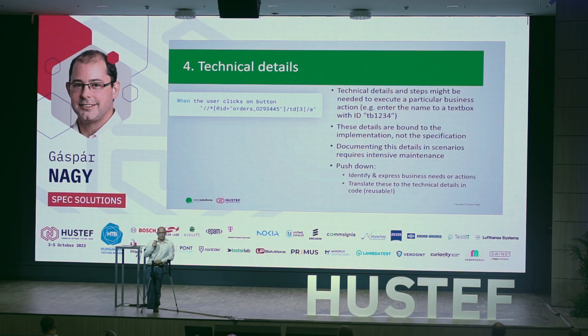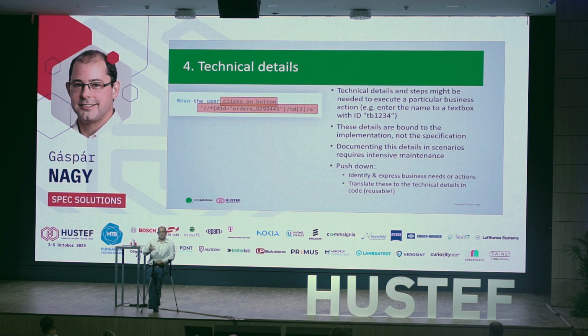Technical details, probably that's the one that you have seen many times. If you look at my example, you probably immediately spot that that's a technical detail, right? So I think we can all agree to that. But what I want to highlight is that this is not the only technical detail. The other technical detail is that we were clicking a button. That's somehow related to the technology, the techniques that you have used for automation.